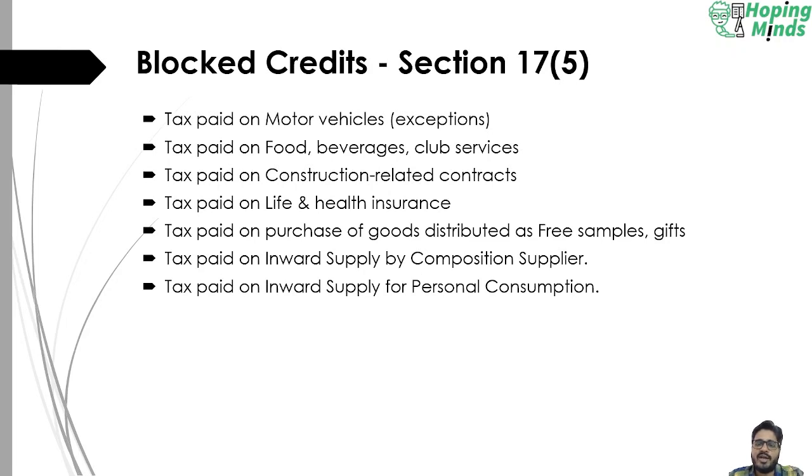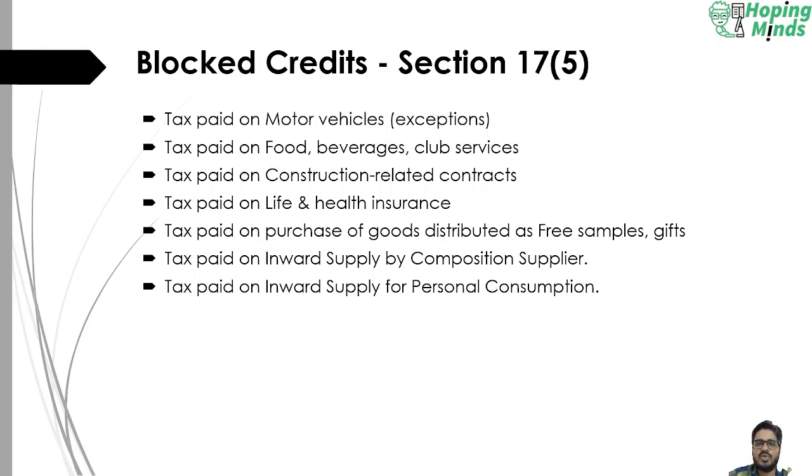Next we have block credits, section 17 subsection 5. Section 17 subsection 5 deals with block credits and ineligible credits. It defines a list of purchases on which GST is paid but the businesses cannot claim input tax credit on them.